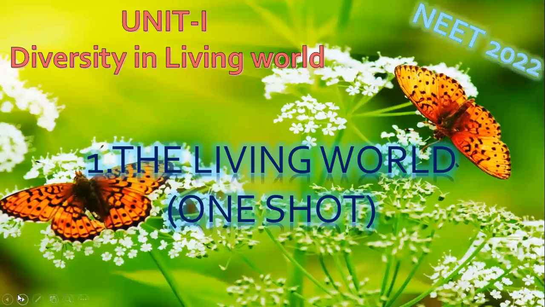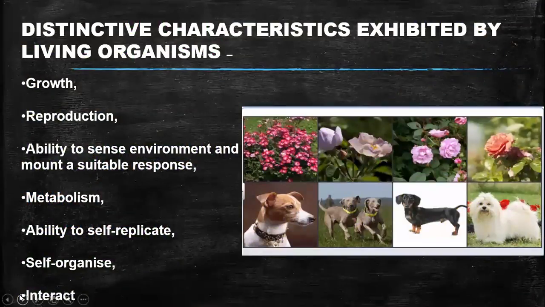So we are moving further to yet another super cool and absolutely amazing session on the living world. Before learning the properties of living organisms, you should be able to define what is life. So what is life?